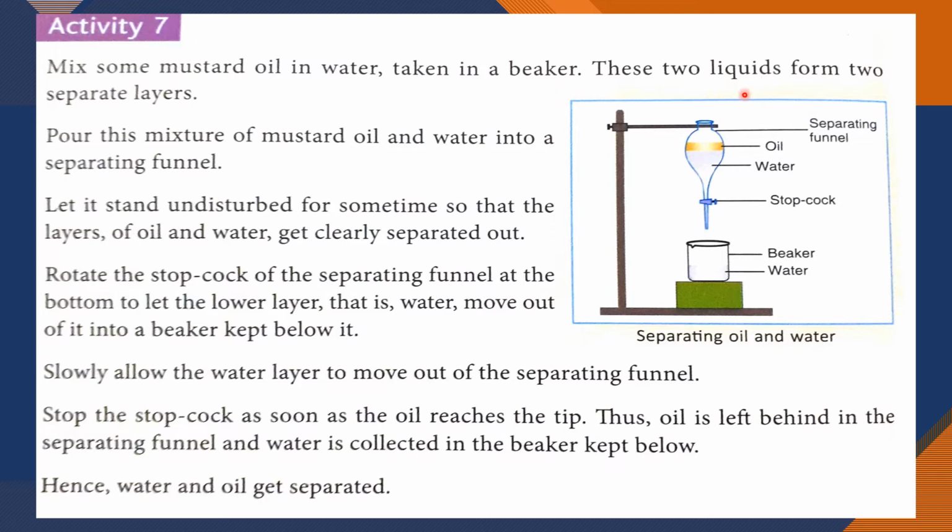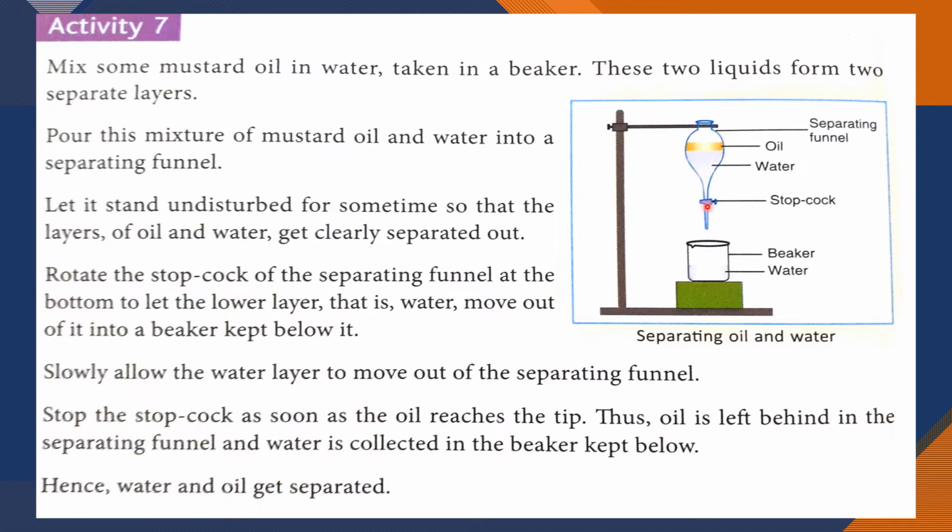These two liquids form two separate layers. Pour this mixture of mustard oil and water into a separating funnel. Let it stand undisturbed for some time so that the layers of oil and water get clearly separated out.